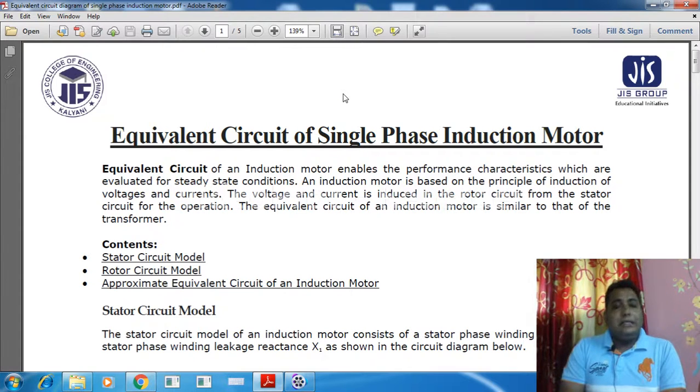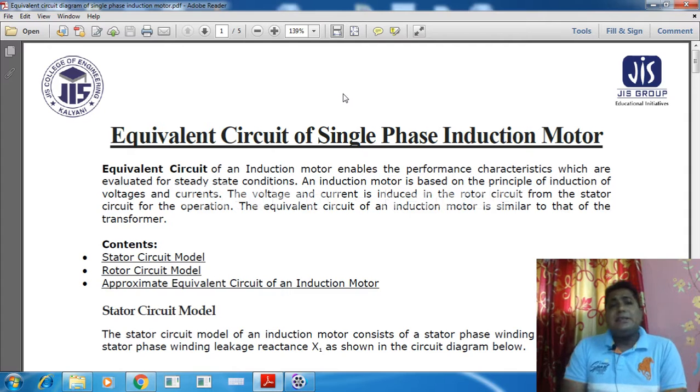The voltage and current is induced in the rotor circuit from the stator current. The equivalent circuit of an induction motor is similar to that of the transformer. So the equivalent circuit basically represents the performance characteristics of the different circuits.